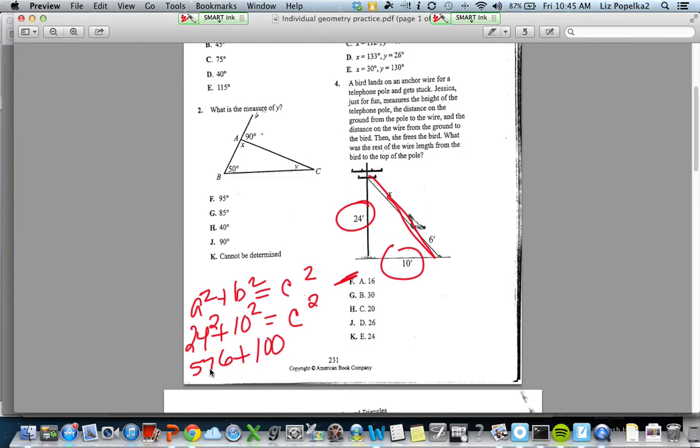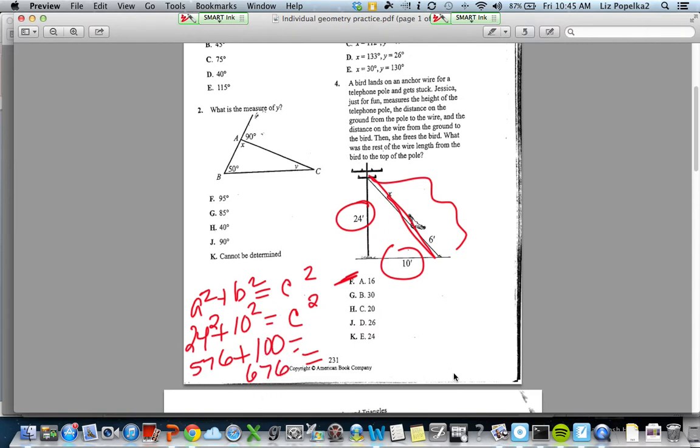So 576 plus 100 is 676. So because this is a right triangle, I took these two sides and made them to the second power, and I added them together. That'll give me the distance of the third side if I put it to the second power.